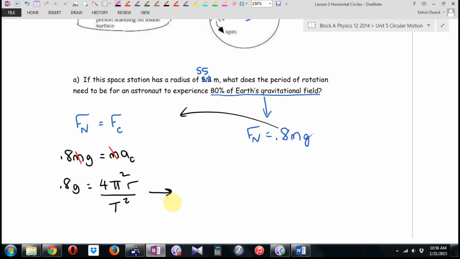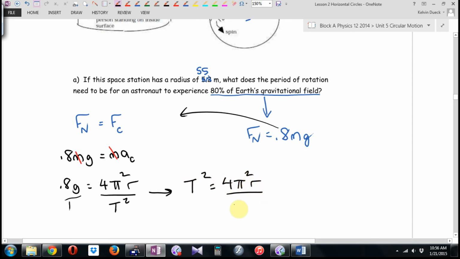I need to get the T by itself. This is, once again, 1 fraction equals 1 fraction. The T moves up. The 0.8 g moves to the bottom. Now that's T squared. How to get rid of a squared? Yep. And now we're doing some space station planning.